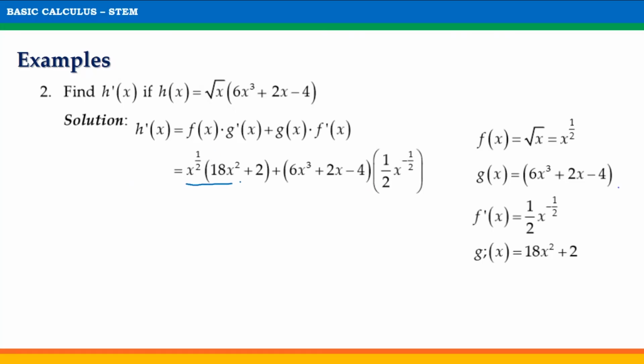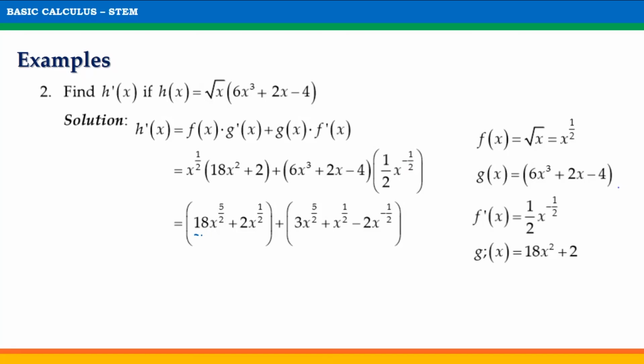Simplifying each product here, we will get 18x^(5/2) + 2x^(1/2) + 3x^(5/2) + x^(1/2) - 2x^(-1/2).